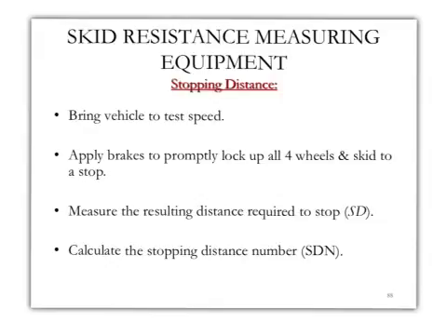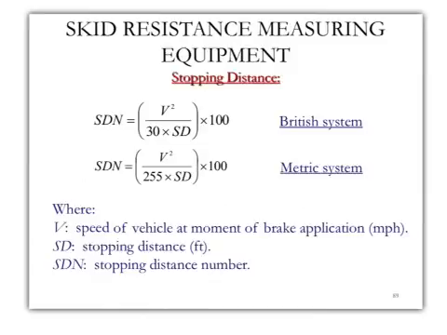We call it SD, and then we calculate the stopping sight distance number, SDN. So the stopping sight distance number is V squared, which is the velocity or the speed of the vehicle at the moment of braking application, over 30 times SD.